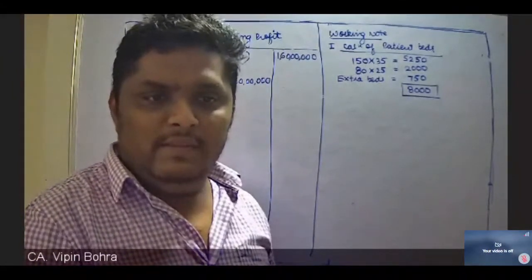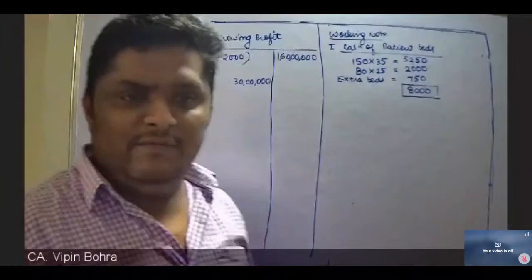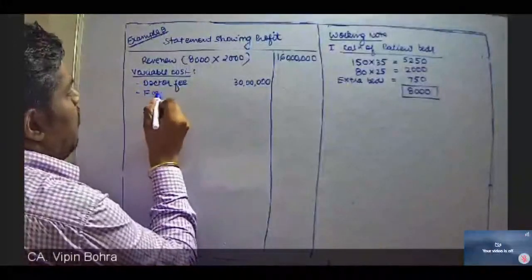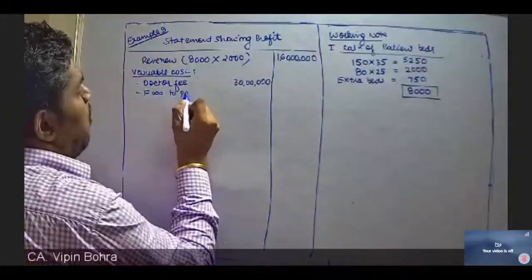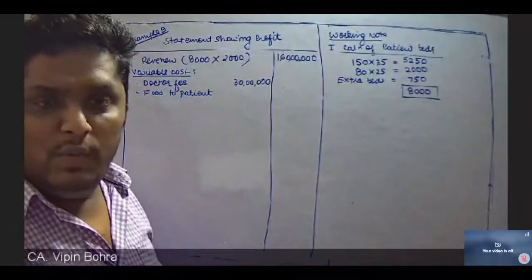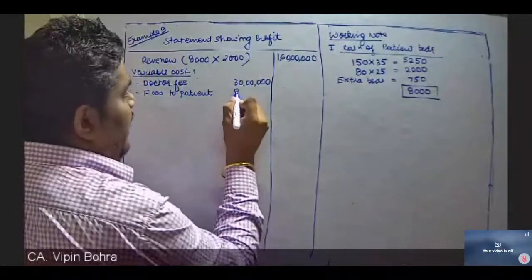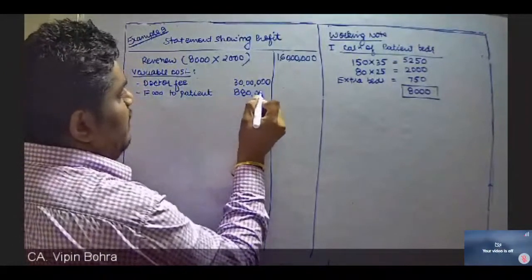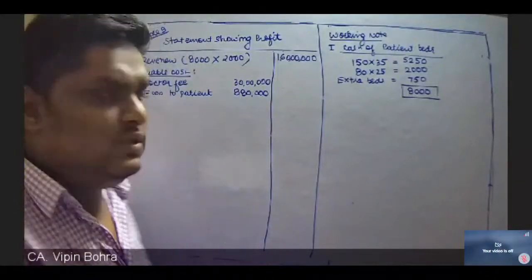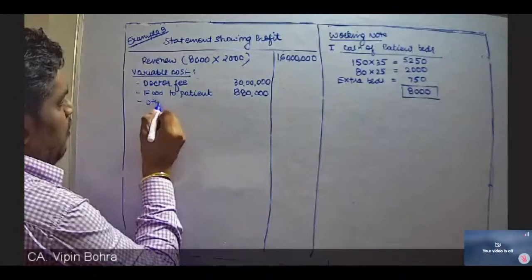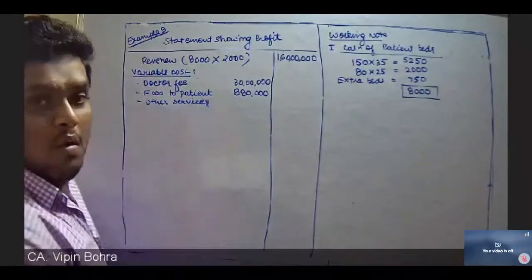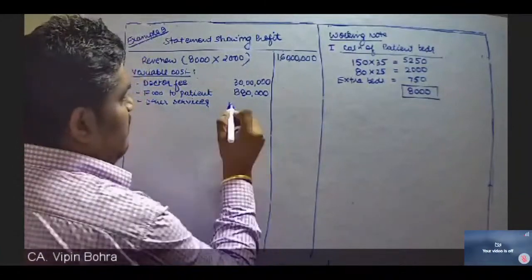Next variable cost is food to the patient. Food to patients, 8,80,000. Other services to patients, 3 lakh.